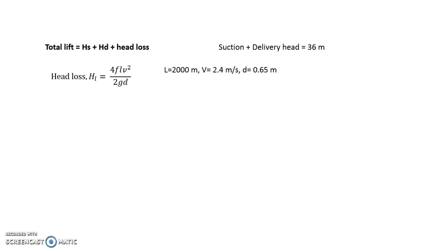F here is given as 0.0075. L is 2000 meters or 2 kilometers; we use it in meters, 2000 meters. Velocity is 2.4 and diameter is 0.65. We substitute all the values here, and HL calculated is 27.1 meters.